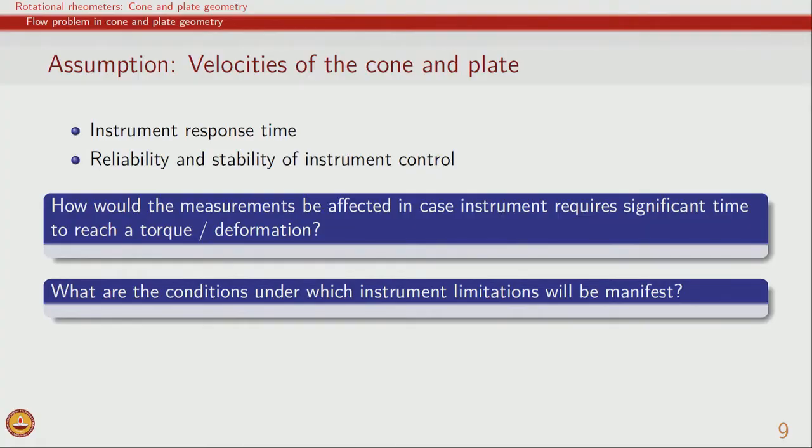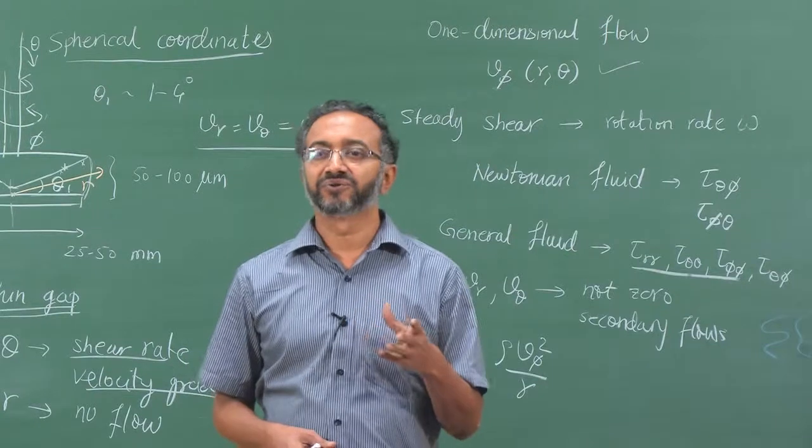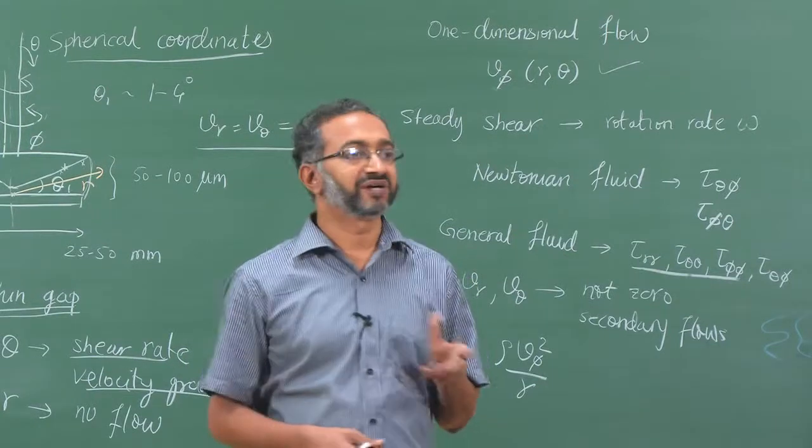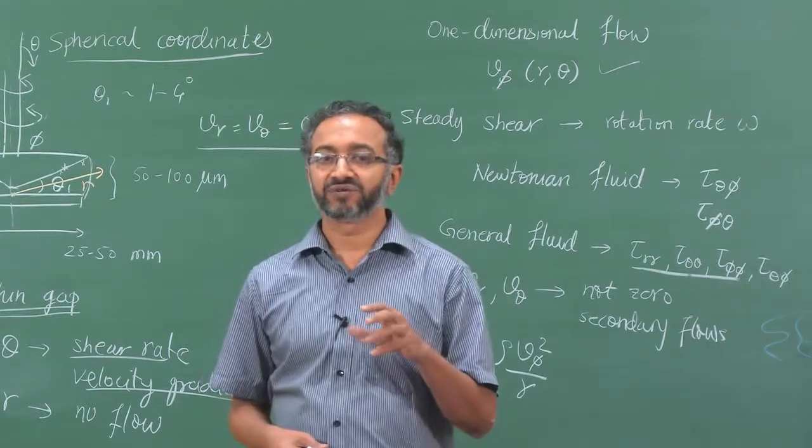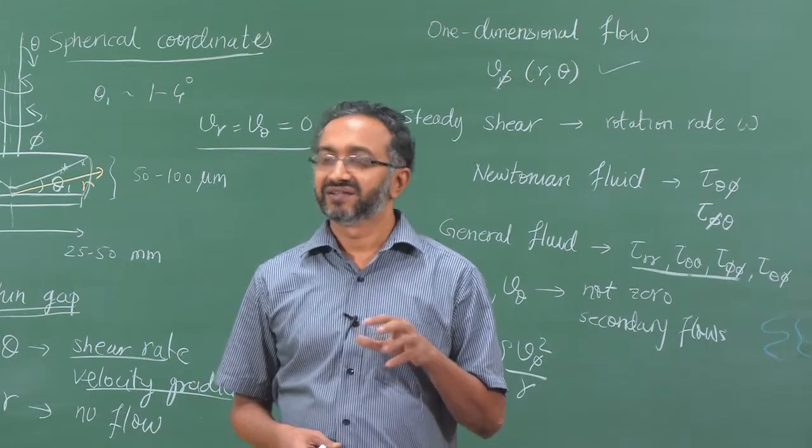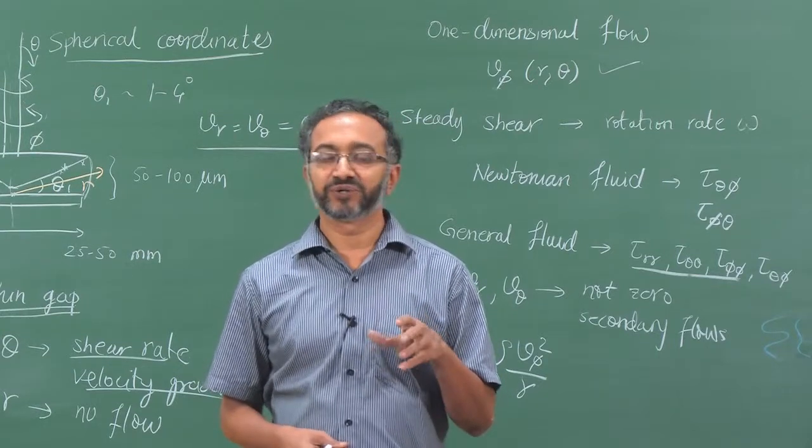And again, the conditions under which we would expect this is when the sensitivities are too low. For example, if we ask the instrument to apply micronewtons as a force, let us say we are doing a creep experiment and we ask it to apply very small stress, then the motor will not be capable of producing such stress.